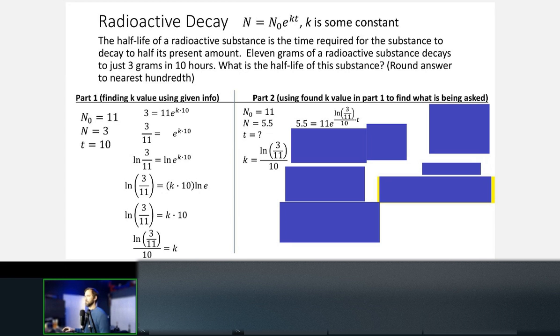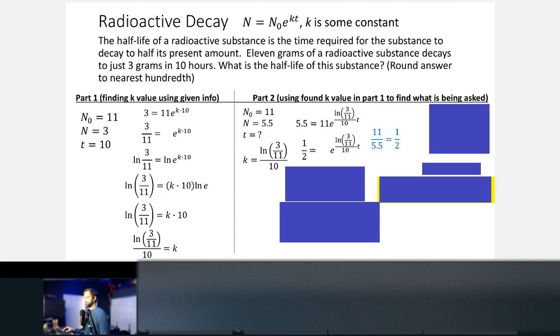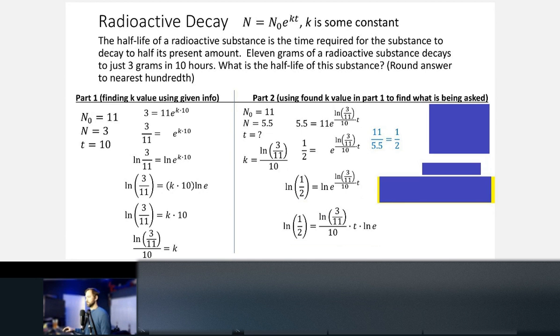Yeah, divide both sides by 11. This is going to be pretty much similar. And we got 1/2 because 5.5 divided by 11 is, well, half. All right, now what do we do? Yep, natural log both sides. And then move exponent in front. Yep. Now what?